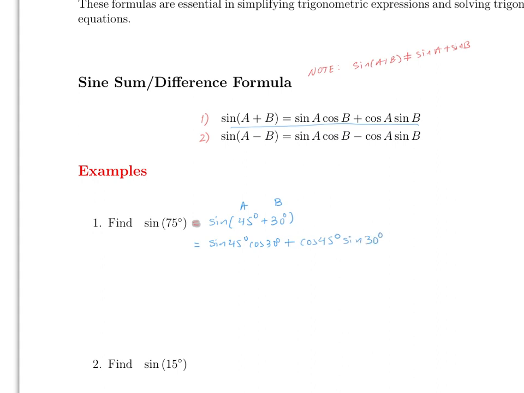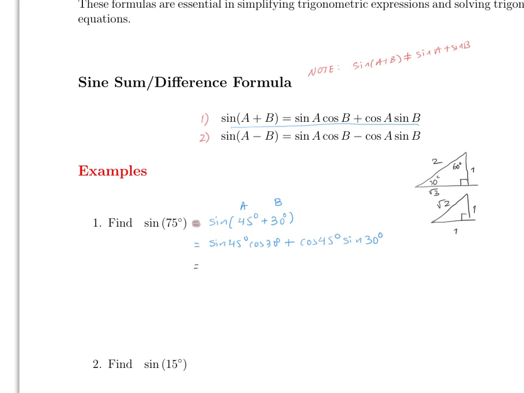And then remember how we've been using special triangles for hundreds of times? Well, we're going to use those again. Let me do the special triangles one more time, because we're going to use them multiple times. The 45 is this. The 30, this is 1, 2, radical 3. So this is 60 degrees.